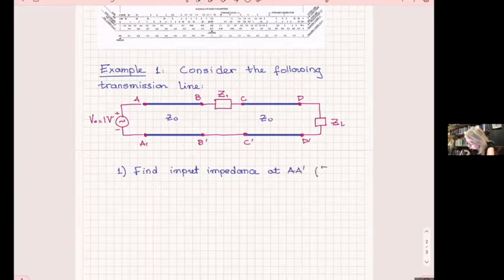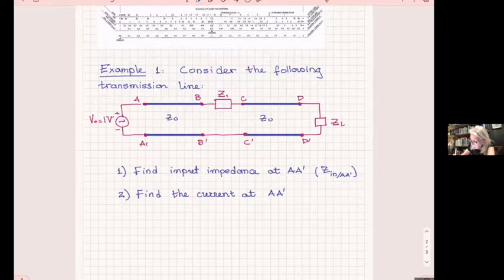And two, find the current at A prime, the current that enters the line at AA prime.